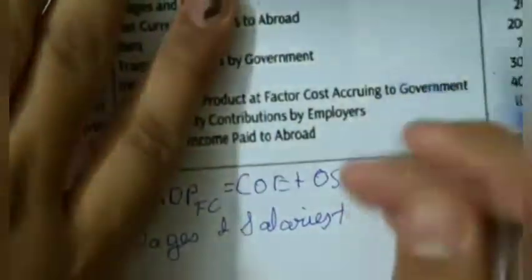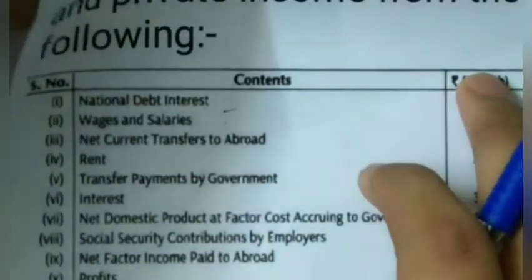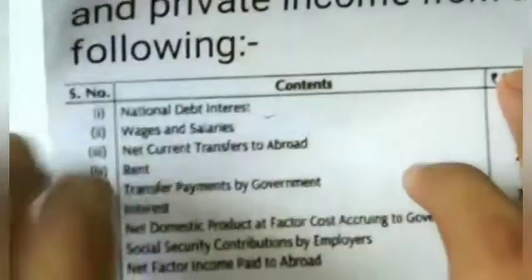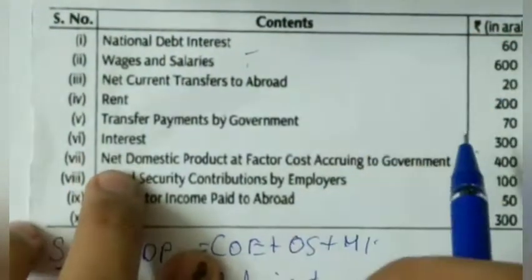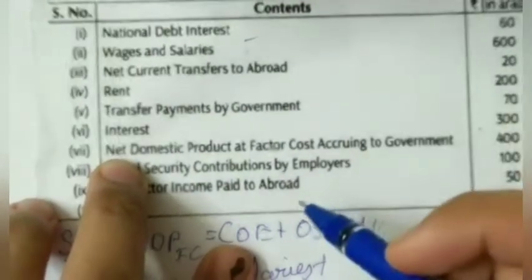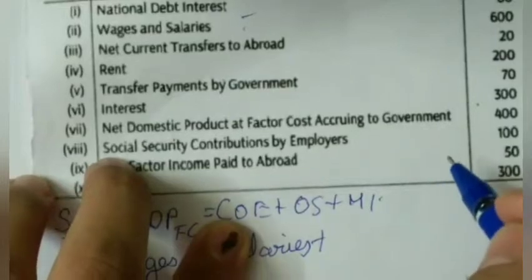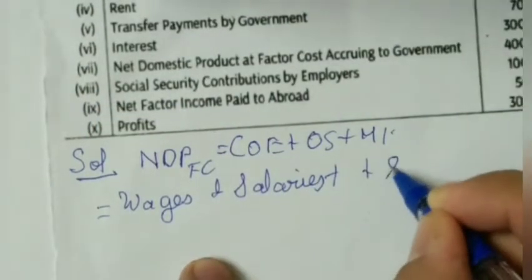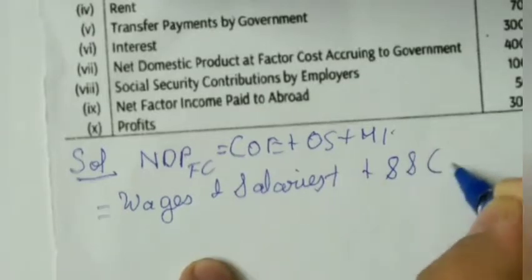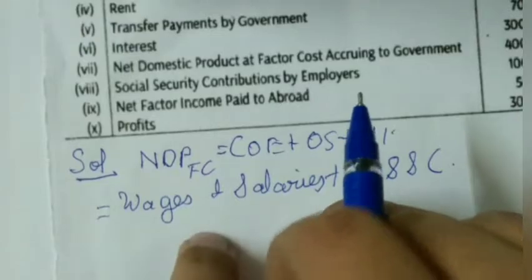This will also be included as a part of compensation of employees because this amount is paid to the employee by the employer, though not as wages or salary. And so this will also be included, plus social security contribution by employer. Then we come to OS.